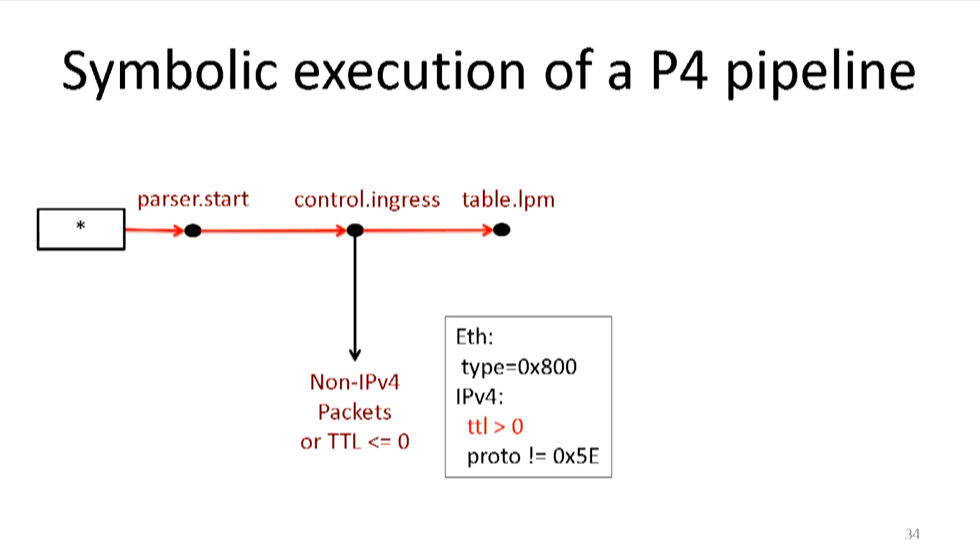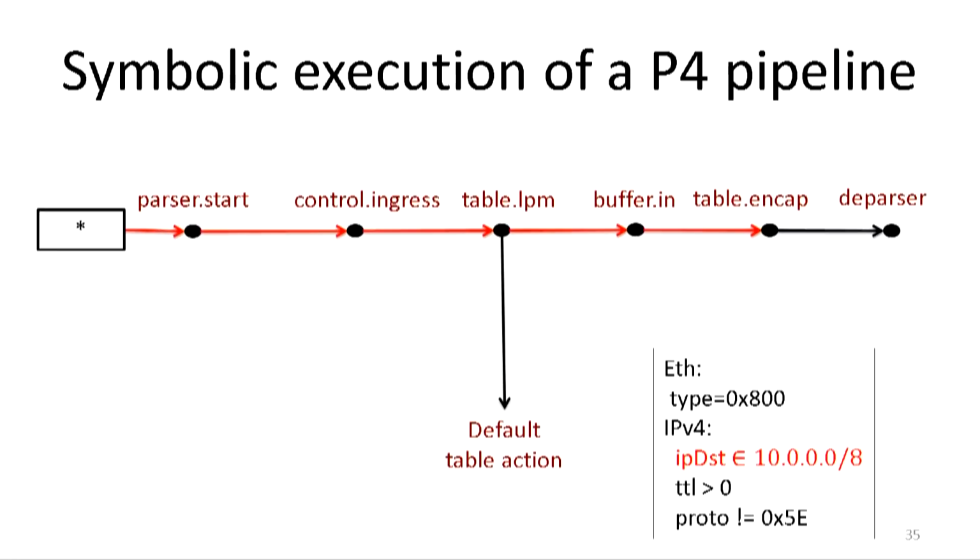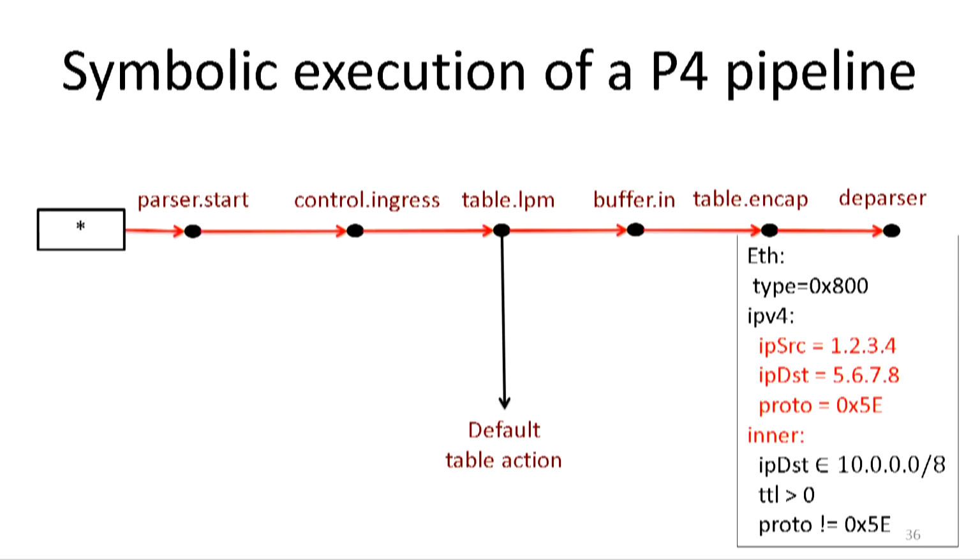In this case, we accumulate a greater than 0 constraint on the TTL field. We move on. Once we do routing, the IP destination field will be constrained accordingly. We perform encapsulation. We add another header. We set the values accordingly. And now this packet is ready to be forwarded outside of the switch.